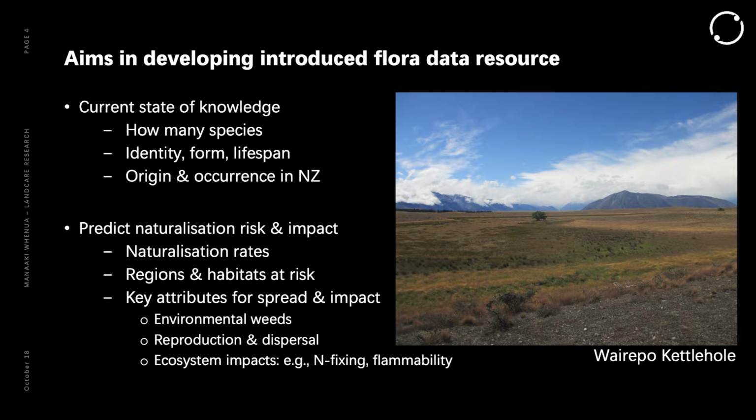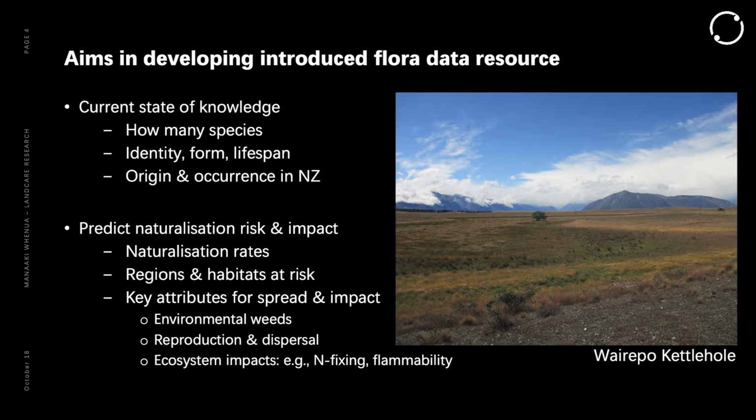But with climate change or other management changes, we may reduce the strength of that resilience, and we could produce a greater risk from introduced species that are already present even within those habitats or right next door.